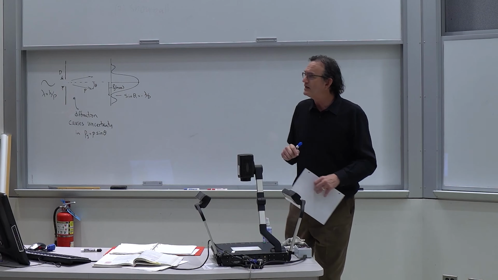Okay? The diffraction has occurred. The uncertainty has occurred. Therefore, I don't really know what the angle is until I measure it at a more distant point. As a result, the uncertainty in the position is going to be this envelope. It's going to get bigger and bigger as I go further and further. Right? So in general, the uncertainty at any other distance from the screen, delta y max, is going to be greater than or equal to d over 2.